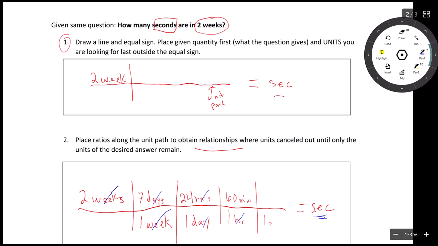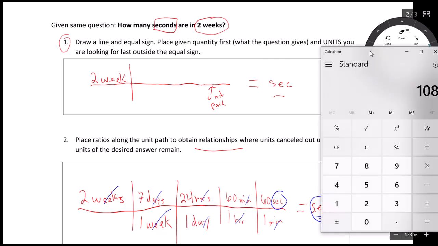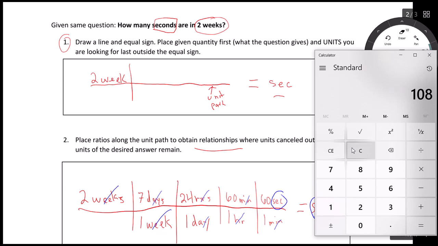I know that 1 minute is 60 seconds. So if I've got 1 minute and 60 seconds, now finally I'm crossing out my minutes, and I am left with only units of seconds, which is the unit that I'm looking for. If I take my calculator and multiply and divide each one of these, eventually I will get my answer. 2 times 7 times 24 times 60 times another 60.